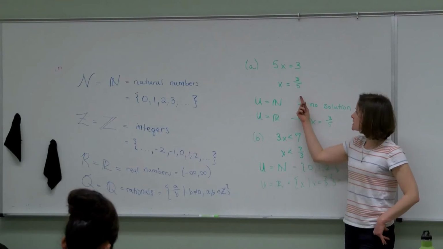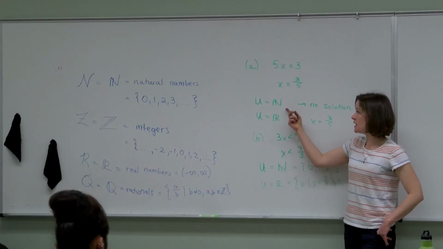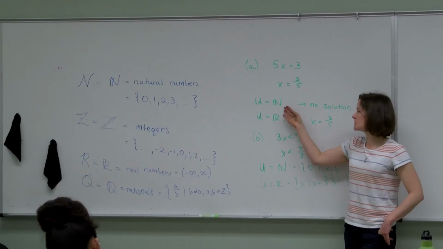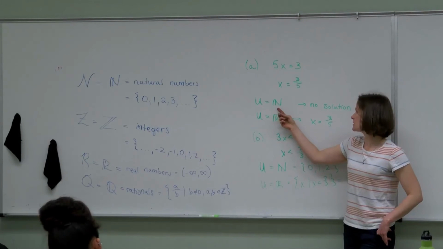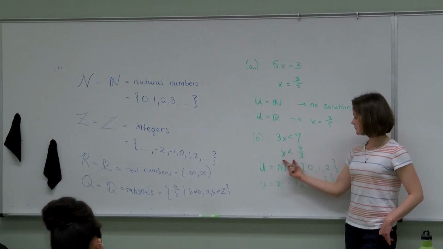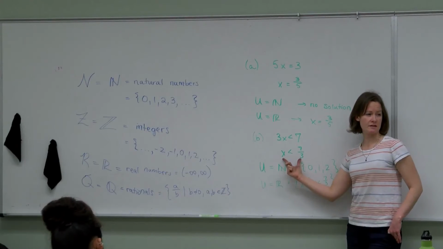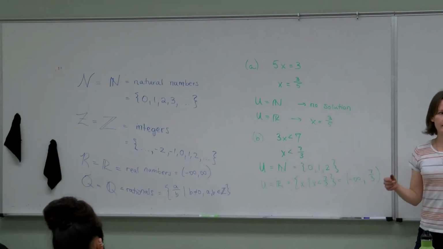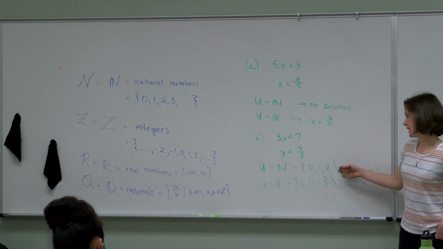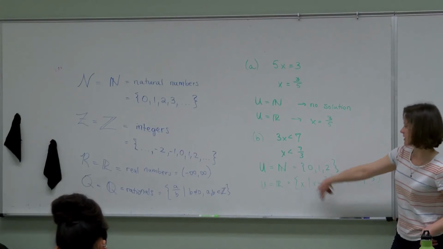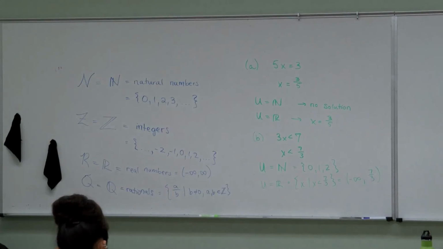And it just so happens that the one value that makes it true is not a natural number. So if we're restricting our solutions to live in this universe, then we don't have any. Whereas here, we've solved for a range of values that satisfy this. Right, I see, because you could actually have whole numbers. Yeah, because some of our whole numbers that we're allowed are less than 2 1/3, and it turns out that 3 of them are natural numbers.